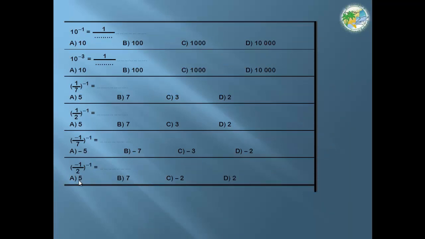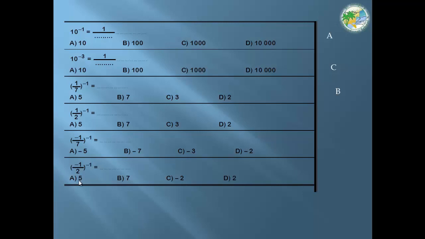Another question. 10 power negative 1 equals 1 over 10. 10 power negative 3 equals 1 over 1000. What does 1000 mean? Because 10 power 3 means 10 times 10 times 10, which equals 1000. 1 over 7 power negative 1 equals, come on prep 1, of course, 7.